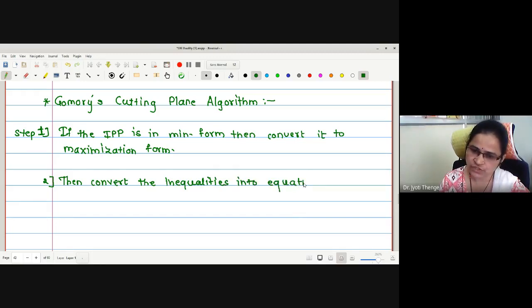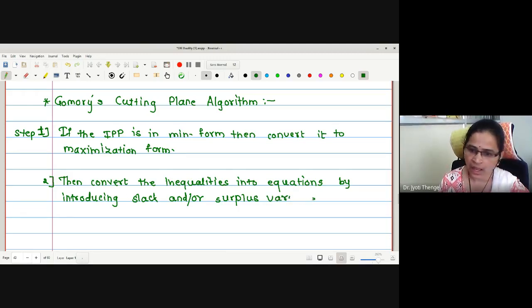To convert this, which variables are to be used? Slack variables. We don't know the nature of the constraints. And obtain the optimum solution of the LPP by the usual simplex method.